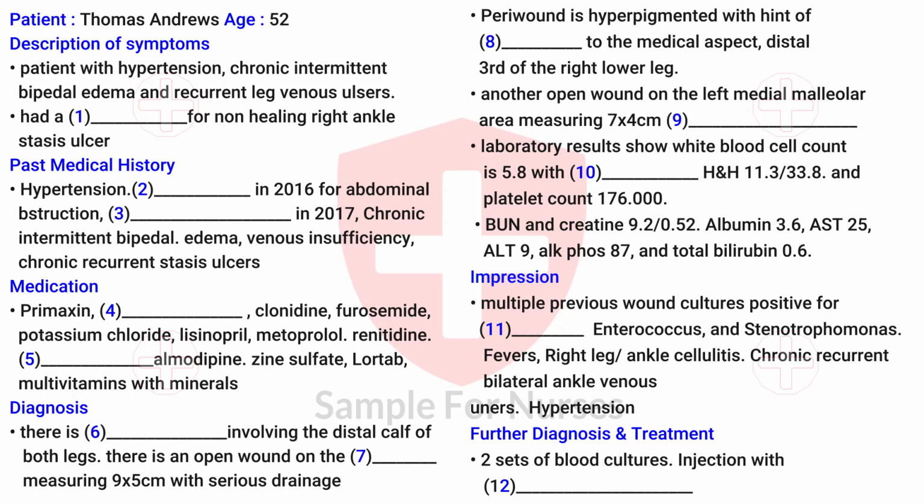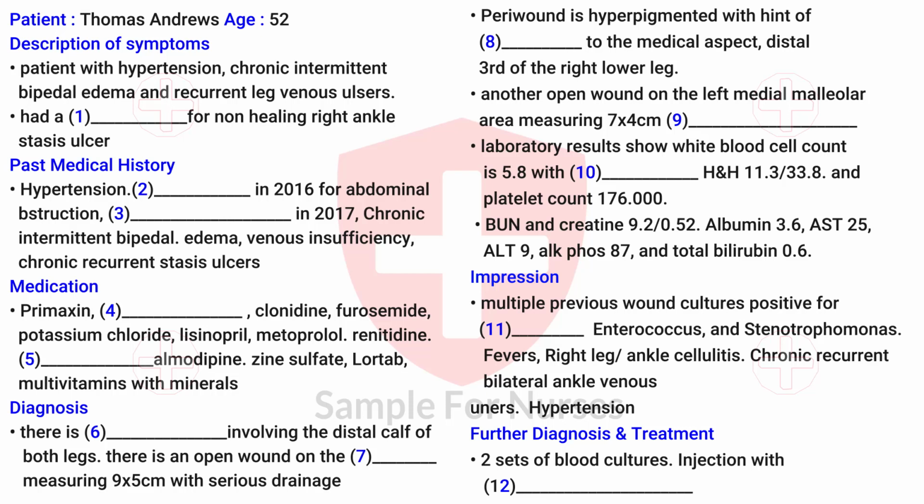There is warmth but minimal tenderness on palpation of this area. There is also a wound on the right lateral malleolar area measuring 4 by 3 centimeters. Another open wound on the left medial malleolar area measuring 7 by 4 centimeters. Wound edges are poorly defined.